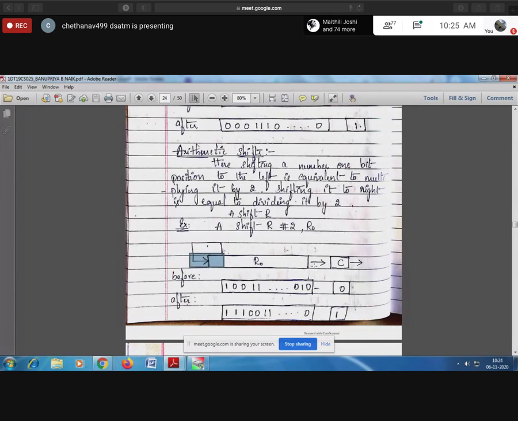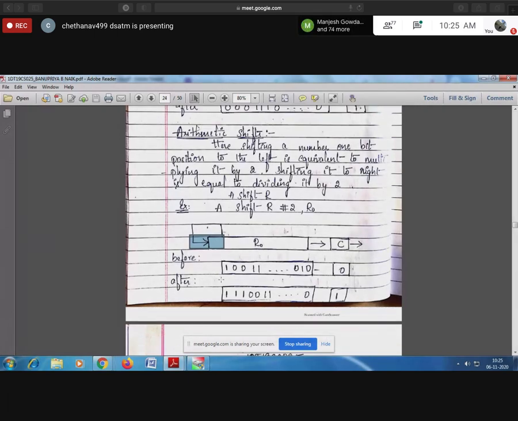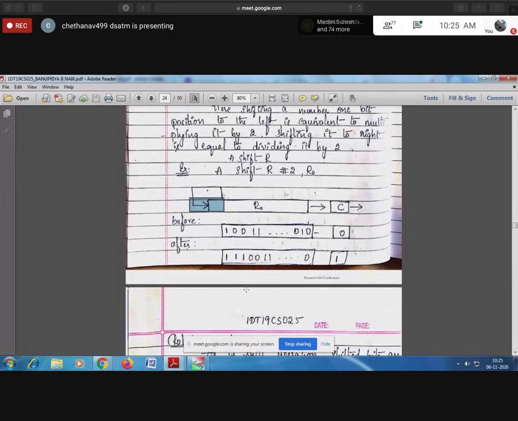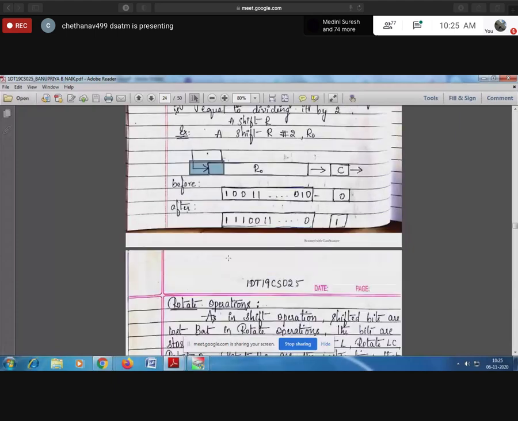Suppose I shift this 0 towards the right side, this 0 will go to the carry location, along with that the 0 will move towards the left. So arithmetic shift is nothing but your sign bit. If 1 is here, everything will be 1, 1, 1. So this will be sign bit shifting.